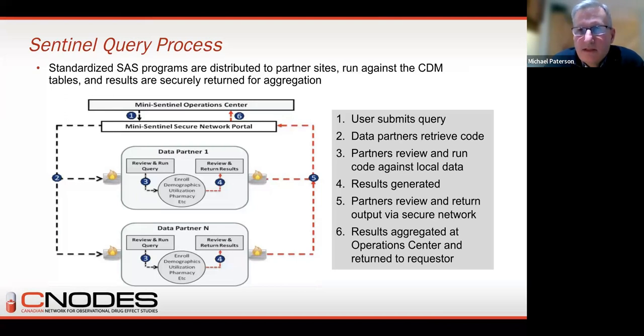Once the results of the query, these are standardized outputs that we would expect based on the initial run, are received and reviewed, they're then securely transferred back to the coordinating center in step 5 through a secure network, where the operations center then pools the results across the various centers using a separate aggregation SAS program that we've also used within CNODES.